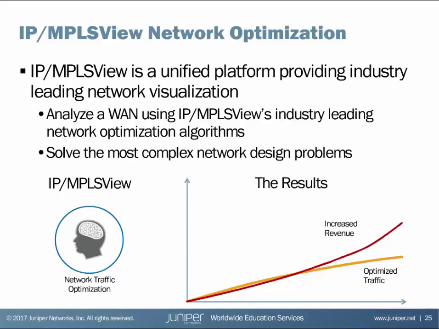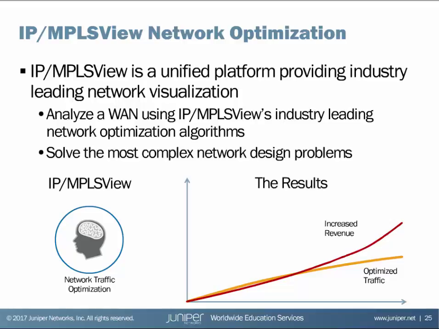Juniper bought a company, and I'm a little fuzzy on the years, but it's been several years ago. We bought a company called Wandle, Wide Area Network Design Labs, and they had a product called IP MPLS View. What this does is very similar to North Star.